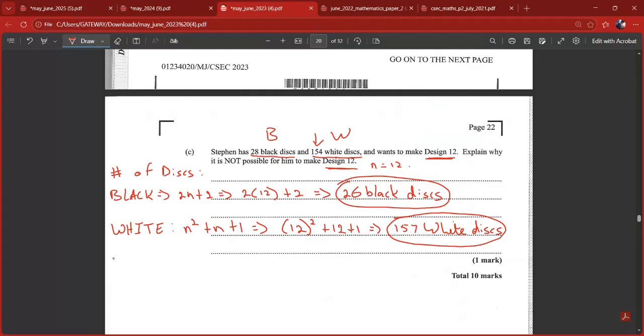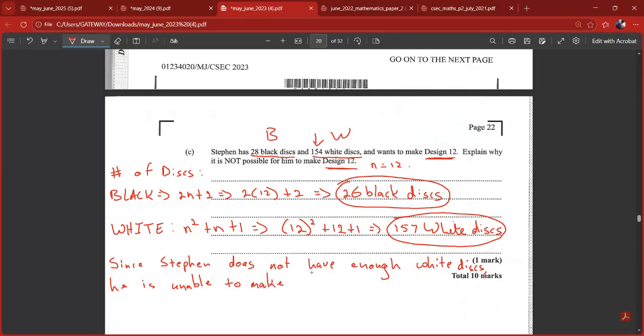So since Stephen does not have enough white discs, he is unable to make design 12.